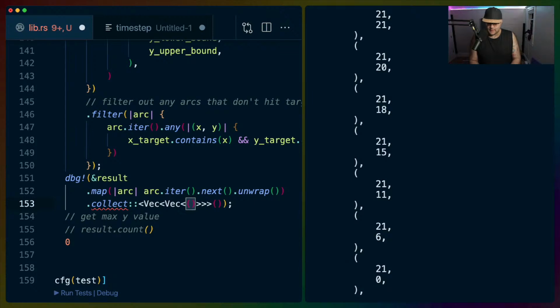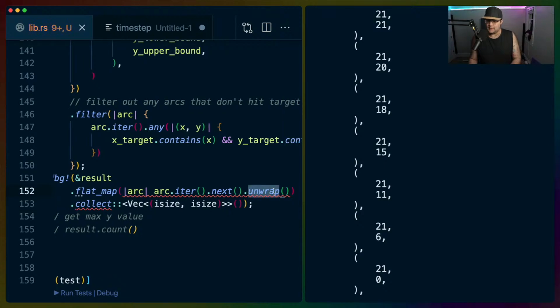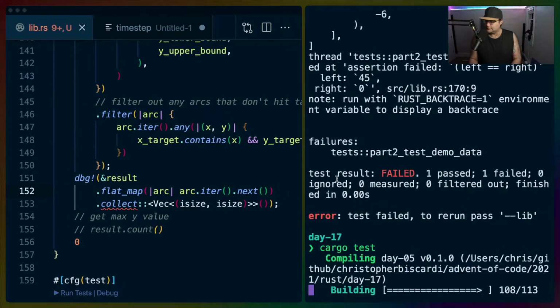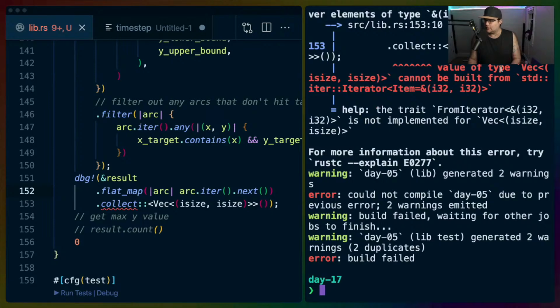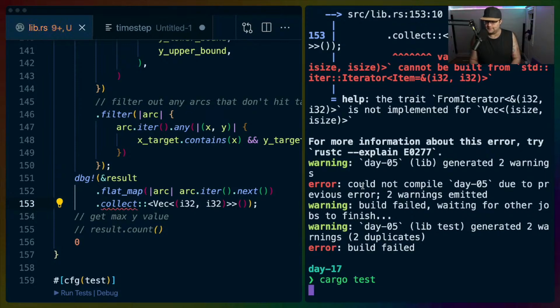And then we got a vec of eye sizes. And if we flat map this, then we get that, but we can do this. Cannot build, right, not eye size. I forgot I removed eye size from the equation.